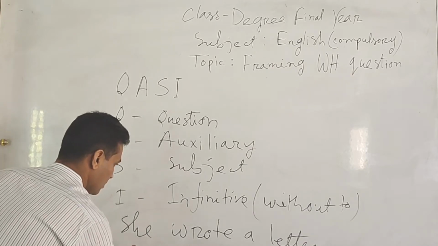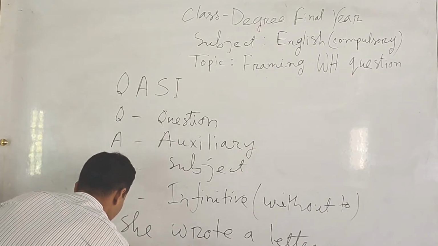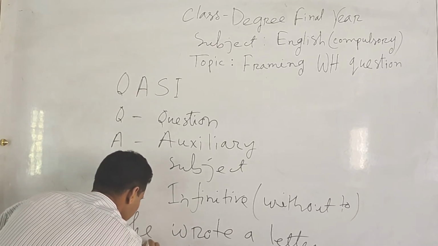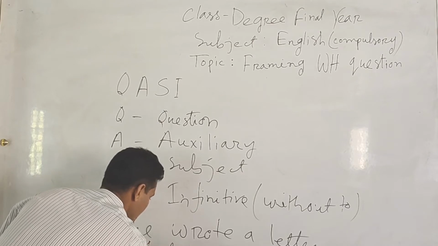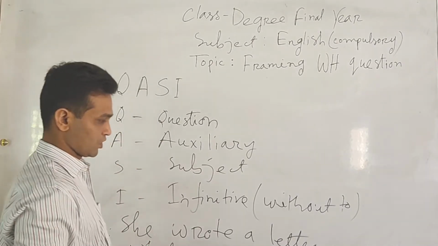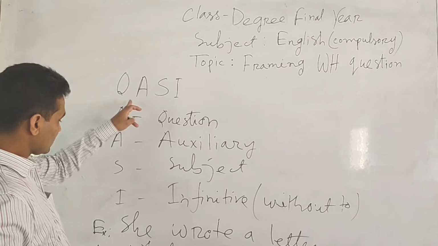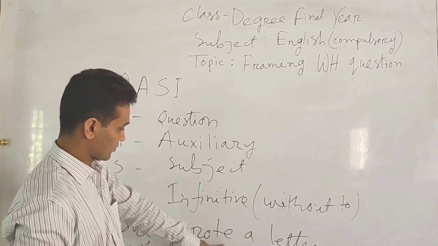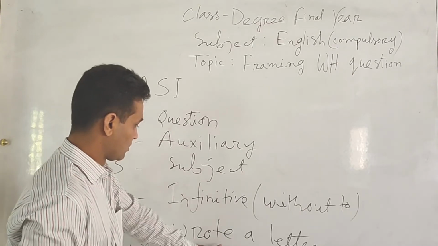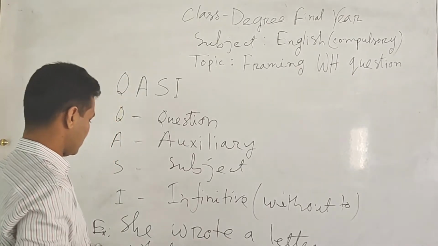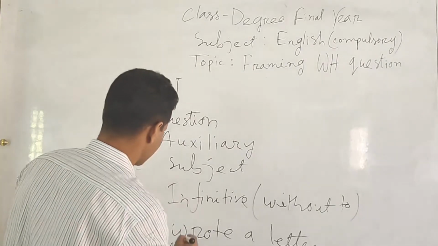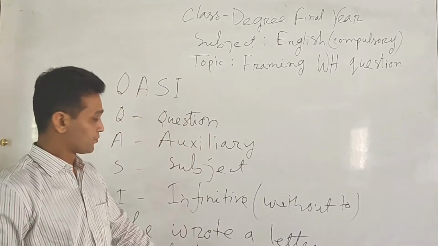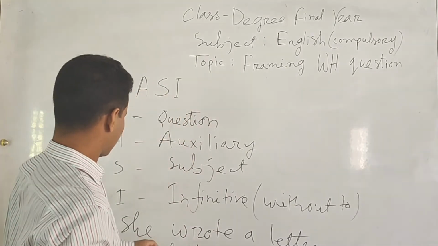That means what? I can use here what. What is a WH word and question of course. Auxiliary verb according to the tense of the sentence. Wrote is the first form of verb, so as auxiliary verb we have to use did. What did? Subject she.